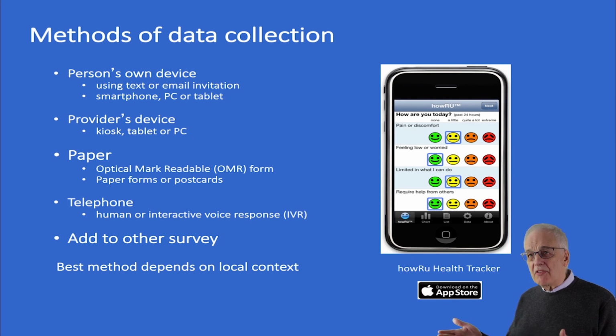You can use optical mark reading forms, which can be automatically read, or simple paper forms, or postcards, or you can ask the questions over the telephone. The best method depends actually on the local context. And the example on the right there is the use of How Are You on a mobile phone.